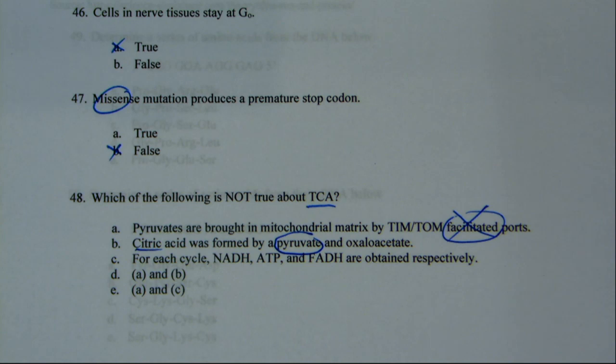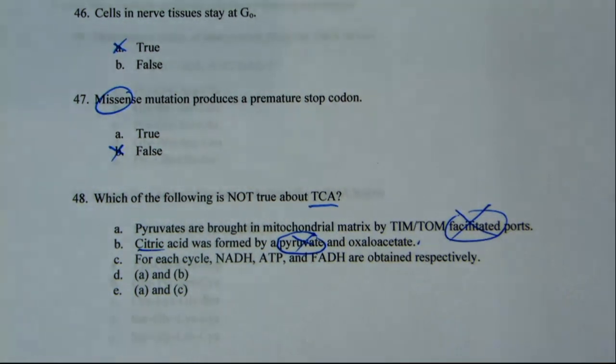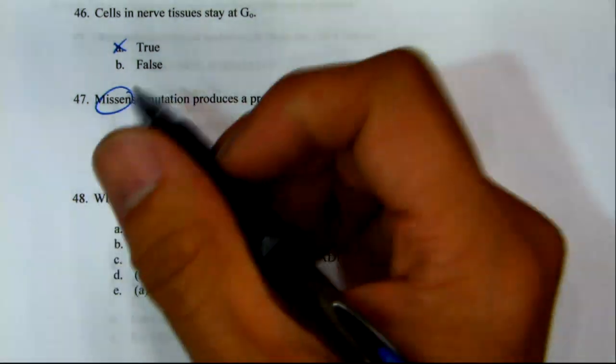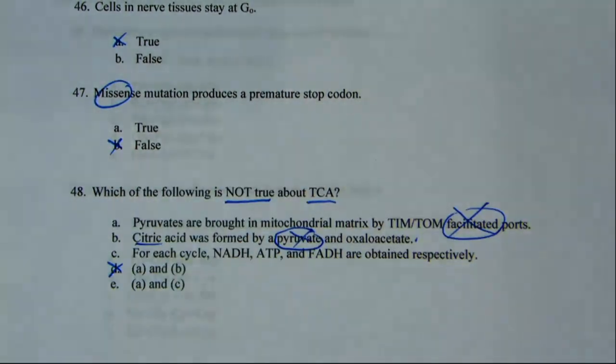Acetyl-CoA and oxaloacetate. So that one is also not correct. For each cycle, NADH, ATP, and FAD are obtained respectively. Yes, we have all those three, right? So the answer, since you talk about not true, is A and B. They're not true.